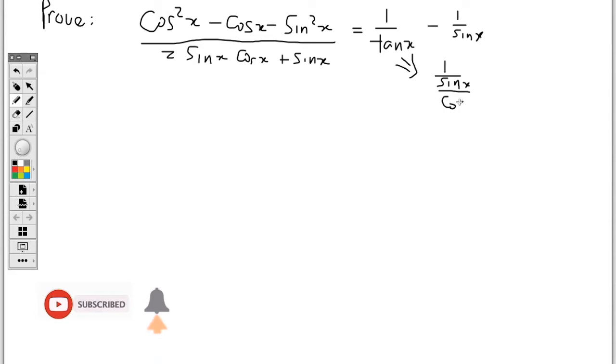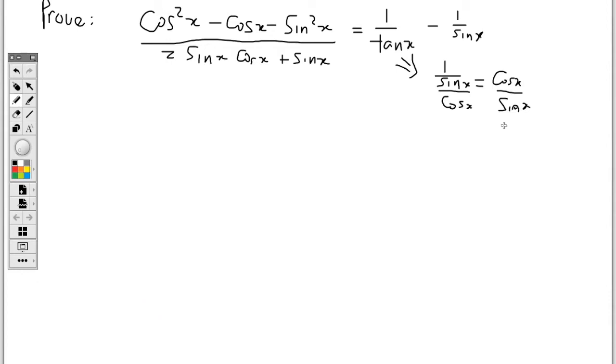Once you have a fraction in the denominator, we can reciprocate it, which is the same as flipping it, so that becomes cos x over sine x. So 1 over tan x is the same thing as cos x over sine x, and this will assist me in getting the answer on the left hand side.